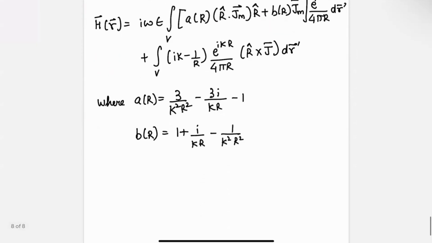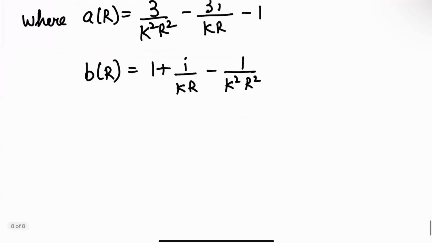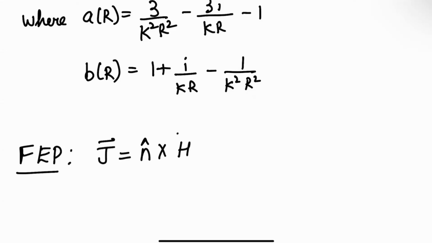Okay, so J and Jm can be given by the field equivalence principle, which is sometimes known as Love's equivalence principle, right? But we introduced it as field equivalence. So J can be n-hat cross H on the surface of a metal, or it doesn't even have to be on the surface of a metal. It can be on the surface of any bounding structure, right?